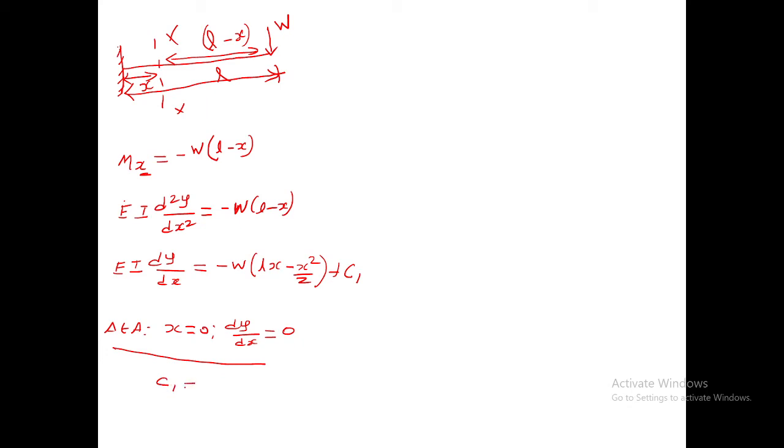So C1 equal to 0. So EI dy by dx equal to minus W times Lx minus x squared by 2.